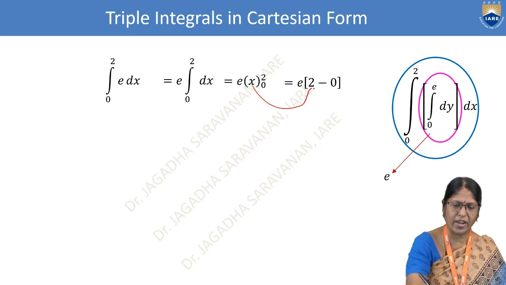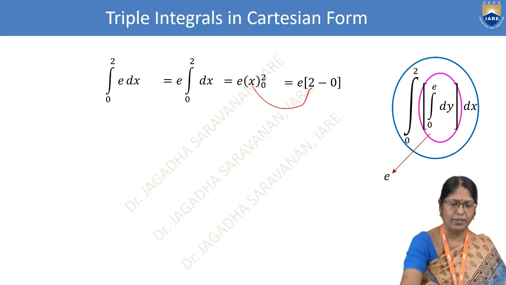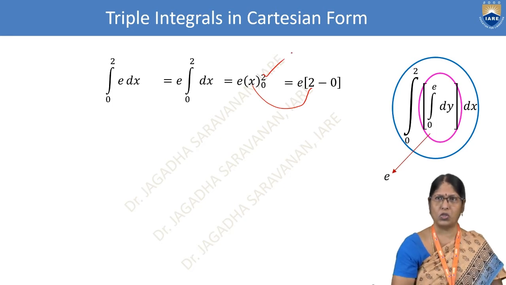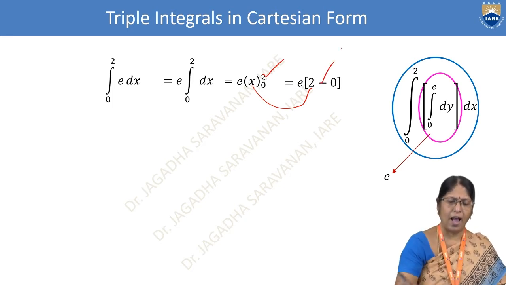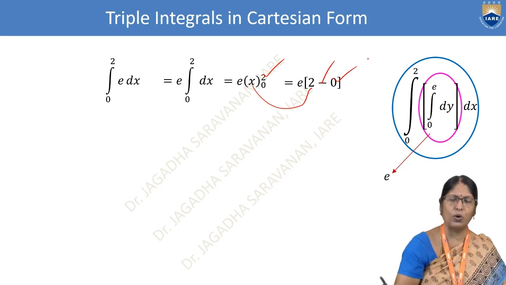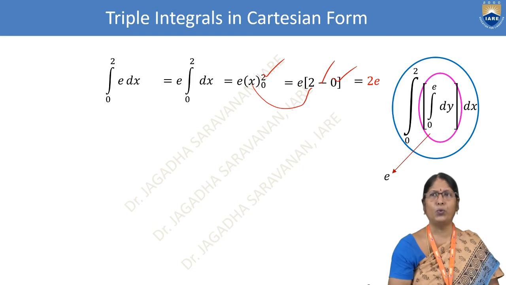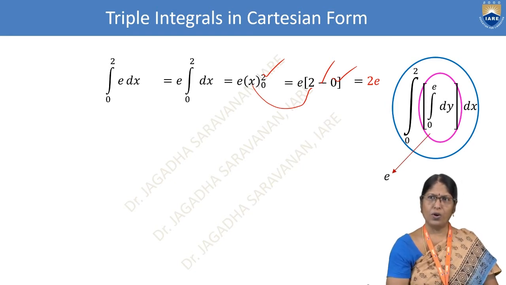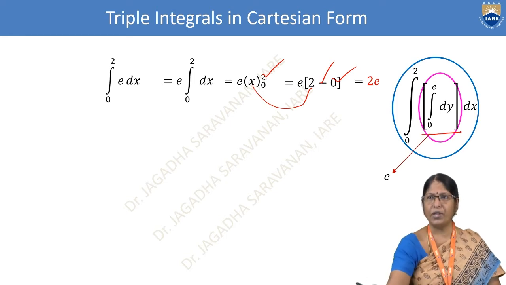Here x takes first the upper limit value, that is our upper limit 2. This is the formula, minus, and in the place of x we are putting the lower limit value, 0. It's nothing but 2e. So this we completed, we discussed it in the previous slide.